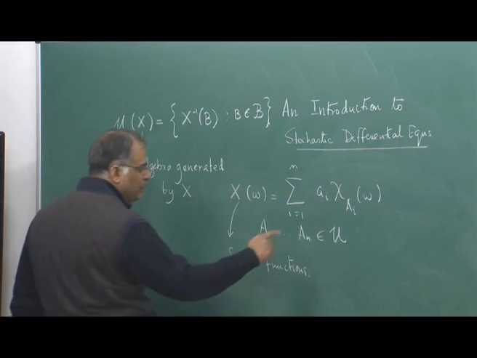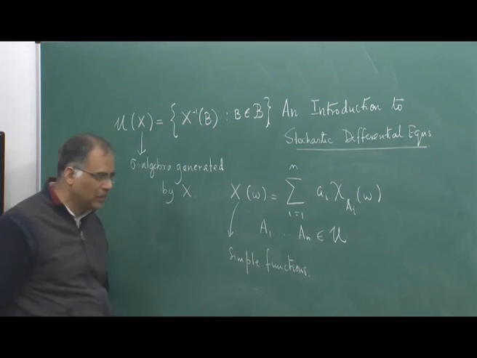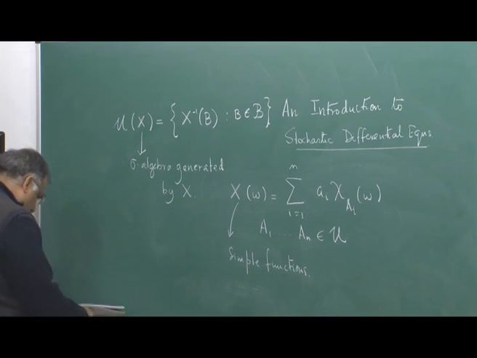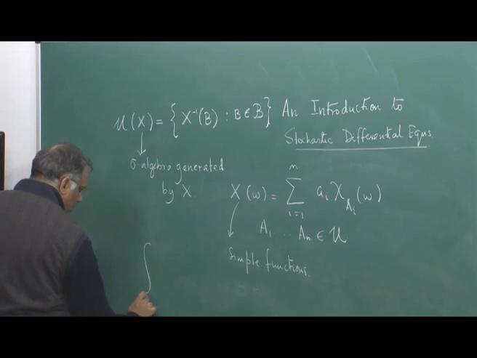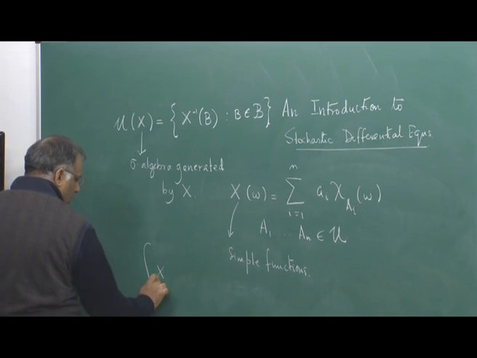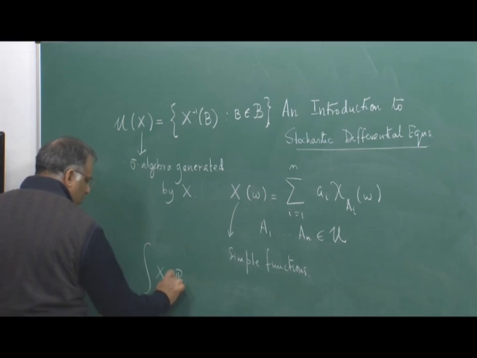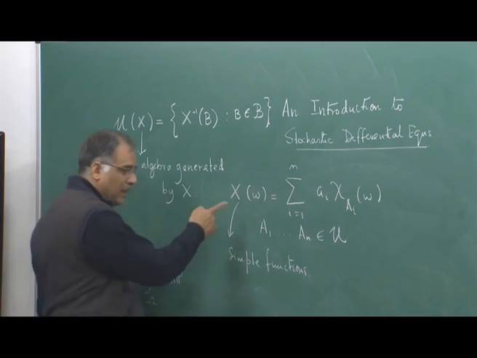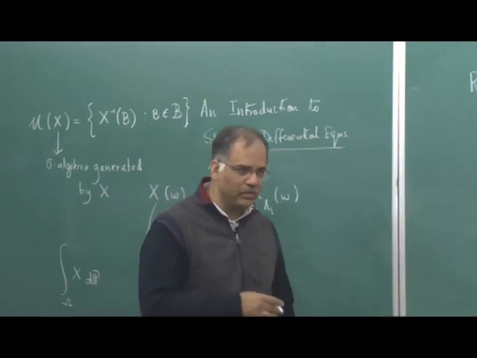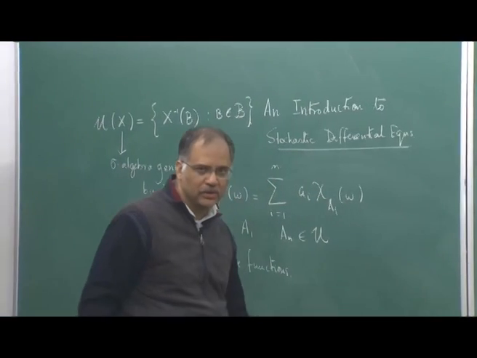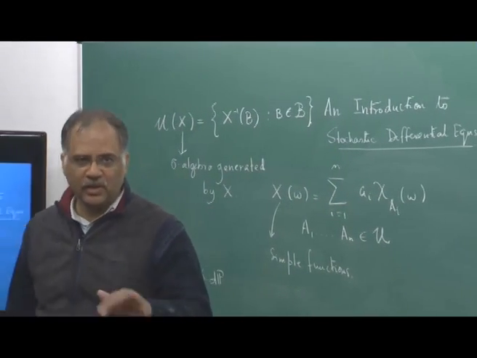So, suppose I have a simple function like this and I define the integral of this simple function. Every simple function is of course a random variable, because actually I have defined a random variable in terms of another random variable.